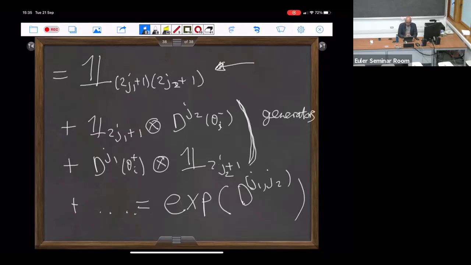So we can expand. I wrote this in this compact form, but remember that dj2 is the sum of the representation matrices times the angles, theta minus. And similarly for theta plus.